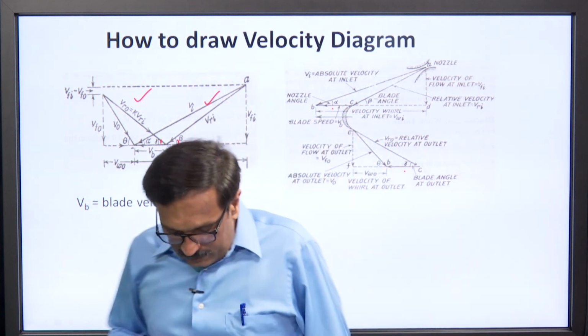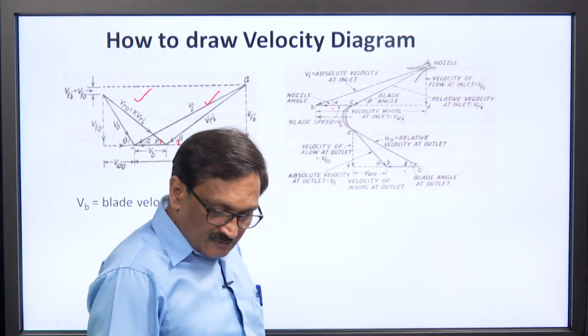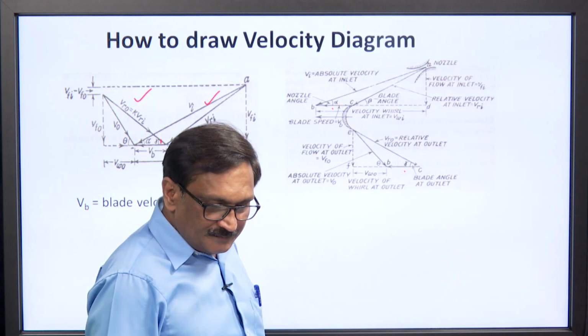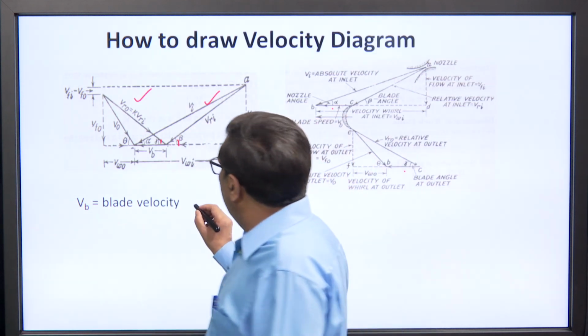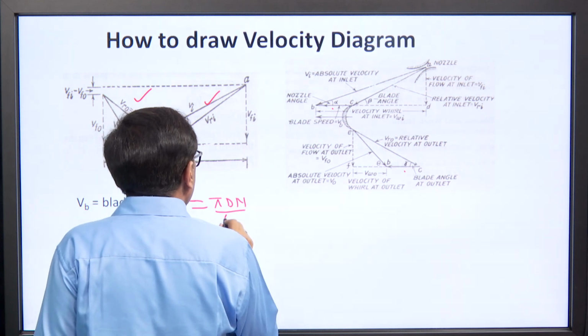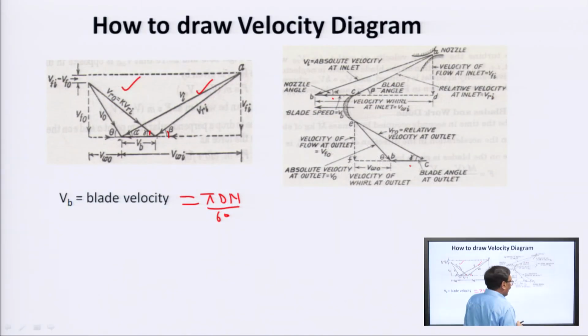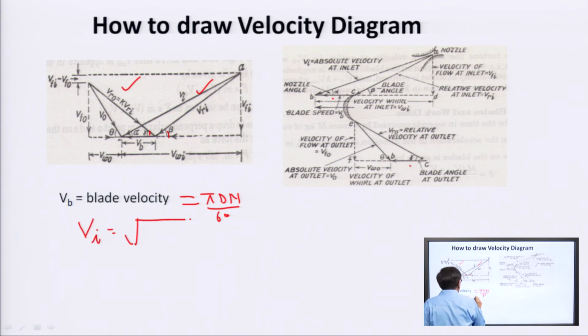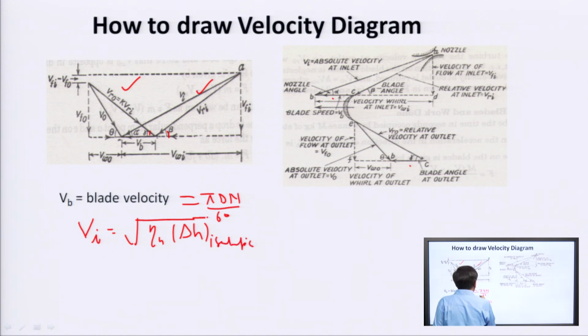So, for drawing the velocity diagram, the first step is that we should know the blade velocity. Blade velocity we can find out by pi d n by 60, where d is the diameter of the blade and n is the RPM of the wheel. Similarly, the steam velocity at the inlet, V I, can be found as nozzle efficiency into delta H isentropic, the enthalpy drop in the nozzle.